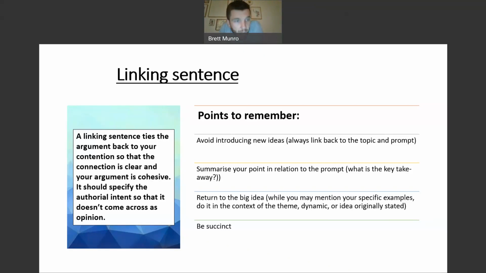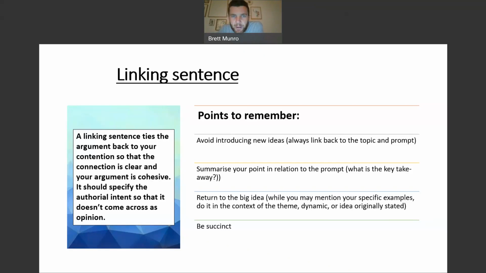A linking sentence ties the argument back to your contention, so the connection is clear and your argument is cohesive. It's not just ending abruptly, there's actually some well-rounded nature to it. You should also specify the authorial intent so it doesn't come across as opinion, just like in your topic sentence.